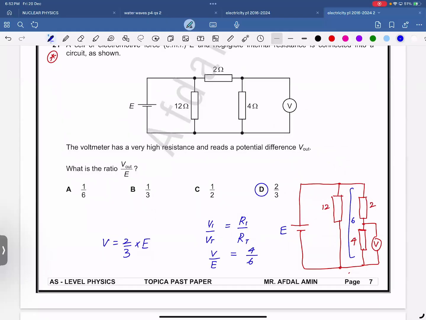EMF and voltage are the same in parallel. So we are comparing the last branch. Total voltage is E, total resistance is 6, so the voltmeter ratio is 4:6, which is 2:3. So the answer is D, my dear students.